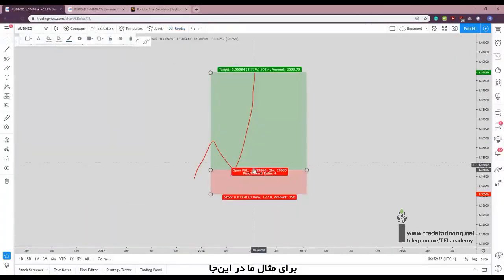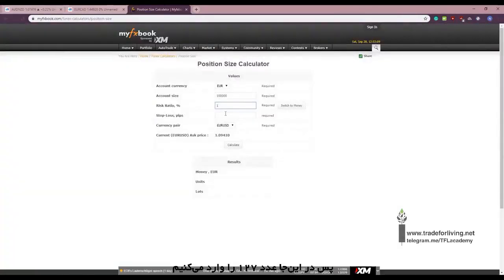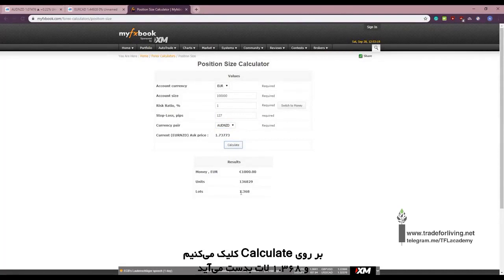In our particular situation, we were on AUD NZD, and on AUD NZD we are risking 127 pips, and we want these 127 pips to be 1% of our account. So let's put 127 pips, and select AUD NZD. We calculate, and you get 1.36 lots.